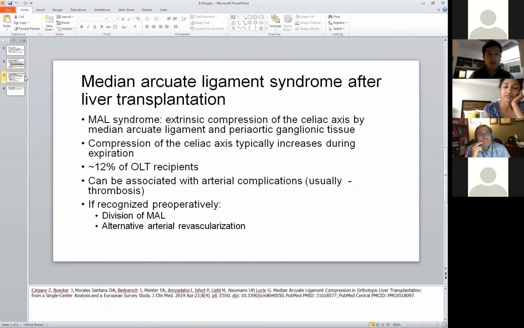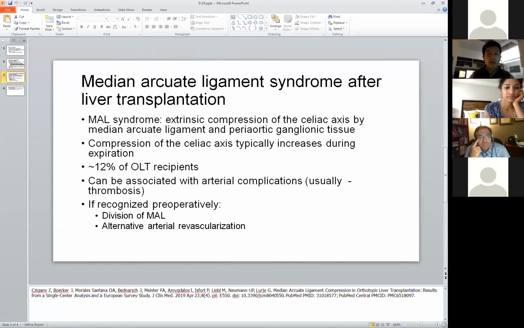So actually, the median arcuate ligament syndrome after liver transplantation can cause quite a bit of problems. As the patient breathes, there's compression of the celiac artery, which worsens during expiration, and so it can create poor inflow into the hepatic artery. Usually, the problem is apparent immediately at the surgery.